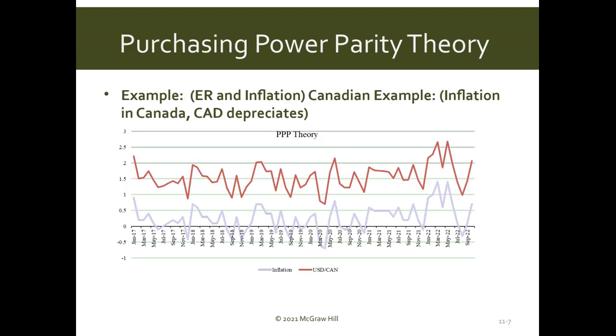So this is the diagram for the Canadian case, and you can see that the purple line is inflation, the exchange rate is the red line, and they move in almost the same direction. So whenever you have inflation, your currency depreciates. Whenever you have lower prices, your currency appreciates. I will give you an example as well, so just wait.